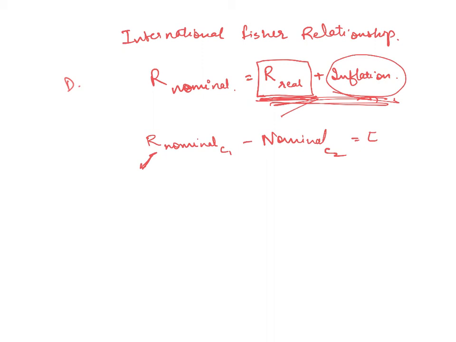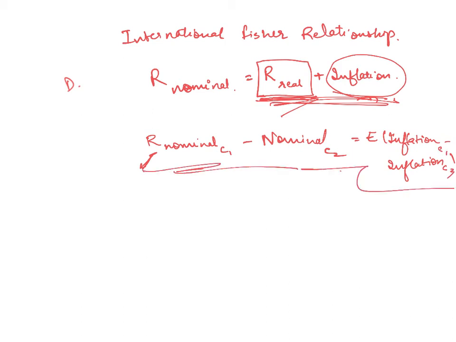What would be left is the expected inflation in the first one minus the expected inflation in C2, right? So that is the basic relationship that has been built between the interest rate and inflation rate by the Fisher relationship.